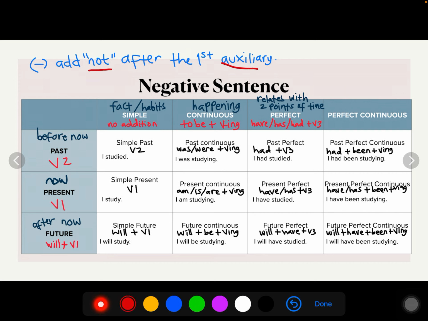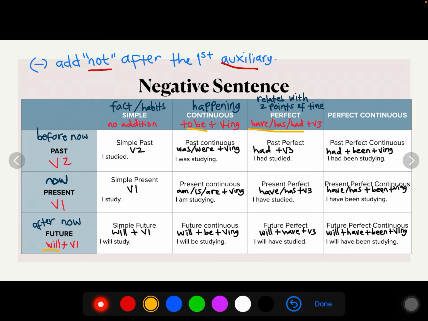What is an auxiliary actually? In my words, an auxiliary is a part of a verb that helps the main verb change into a particular sentence. For example, here the auxiliaries are have, has, and had, and this to be and will.